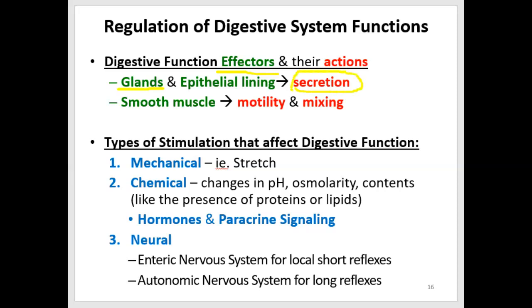So secretion is a digestive function. Then smooth muscle is present in the digestive tract, and it's important for moving along the food bolus and the chyme that we develop and moving the waste products along to the large intestine. We refer to this as motility. Sometimes it's just mixing of the contents of, like, the stomach to perform mechanical digestion, kind of pummel what you've eaten to break it up.